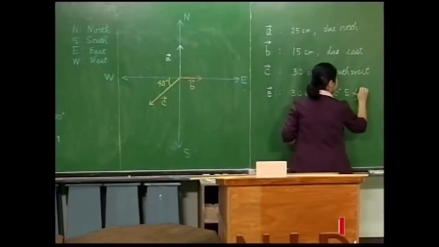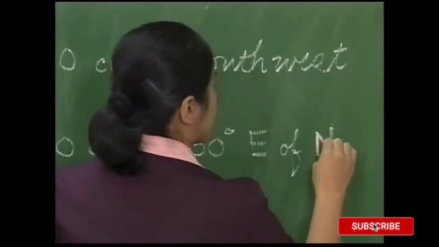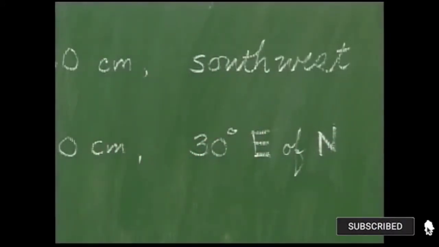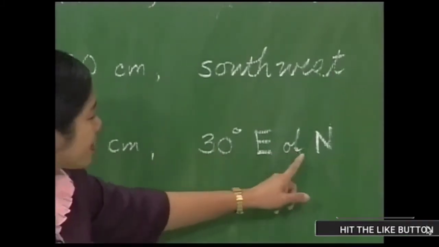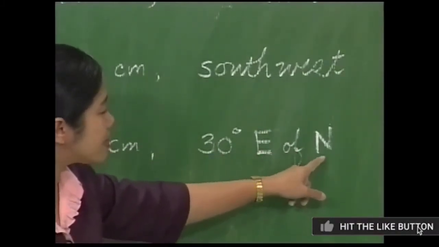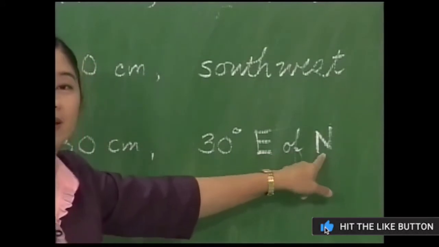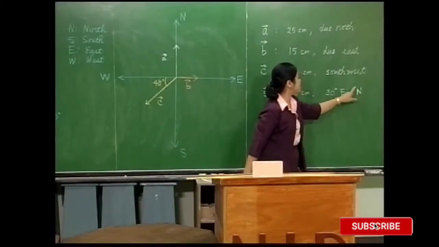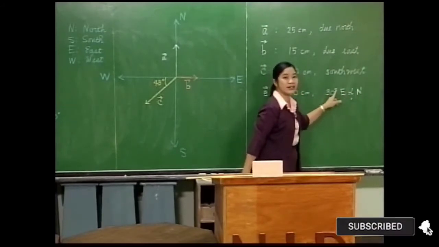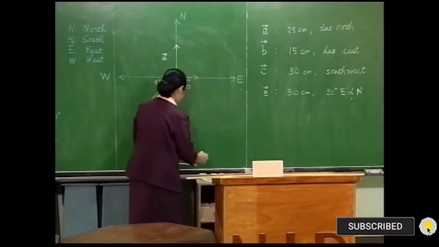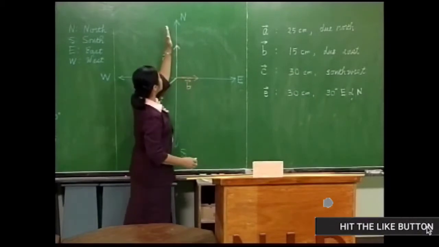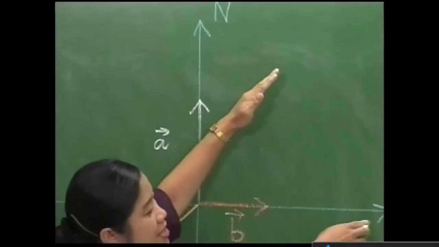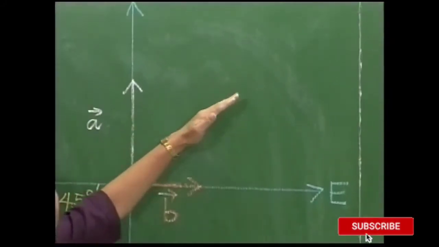What do I mean by this? East of north. When I say this, or when I write this down, this means that I will first look at the north direction, northward direction, and then I measure 30 degrees towards the east.